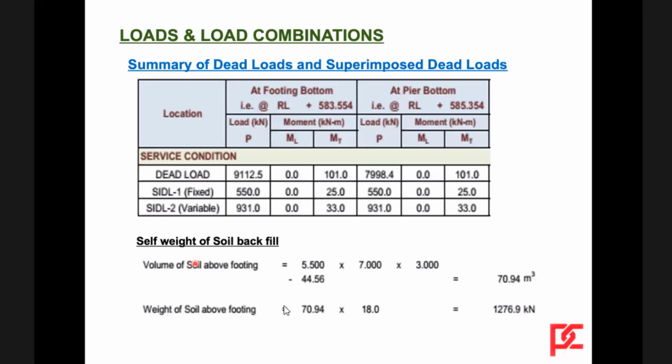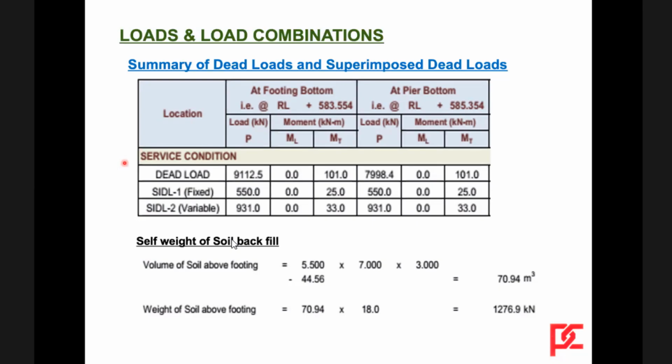Once analysis is done and we get all the loads, a summary of dead loads and superimposed loads on the pier is shown here. I have not given all the calculations, only the important steps.